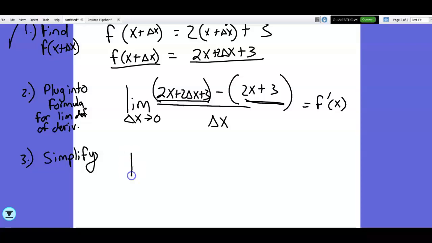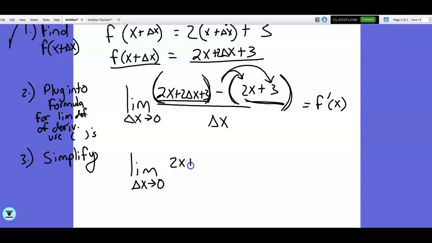So let me show you what I mean there. In this case, I'm going to distribute that. And by the way, did you guys notice how I use parentheses here? I would highly encourage you guys to use parentheses. Otherwise, you're going to mess up on your distribution, or you'll be more likely to.